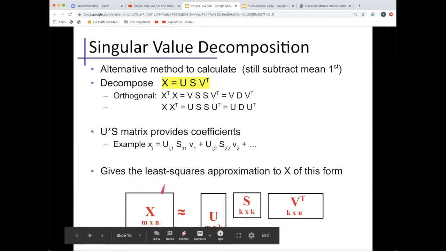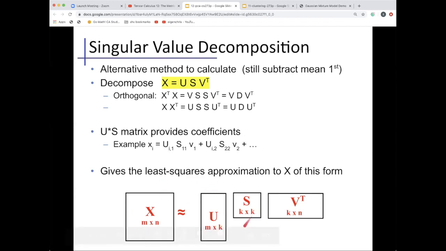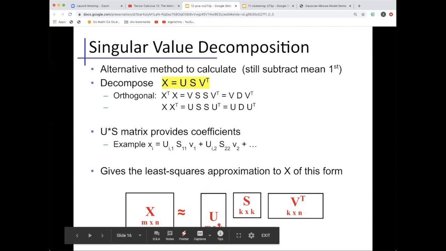So X here is an n by n matrix. U here is now also a rectangular matrix. Say I'm determined to project my data from n-dimensional space to a k-dimensional space, where k could be 2, 3, a lower dimensional space. Then the U matrix becomes a rectangular matrix, and then there will be S here and V here.